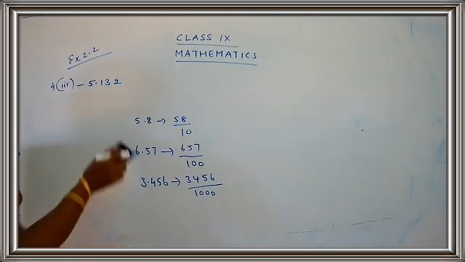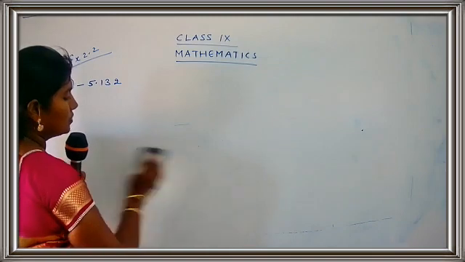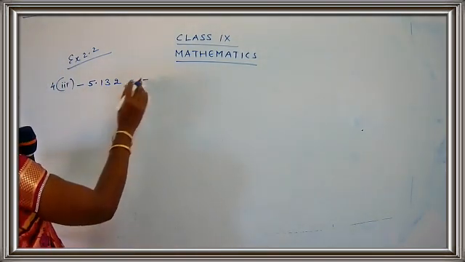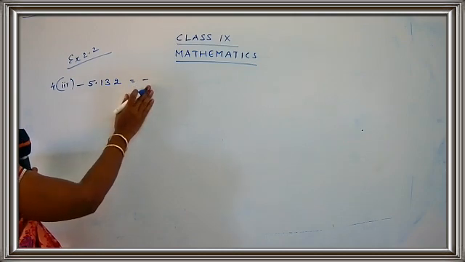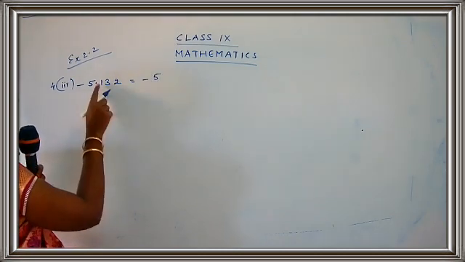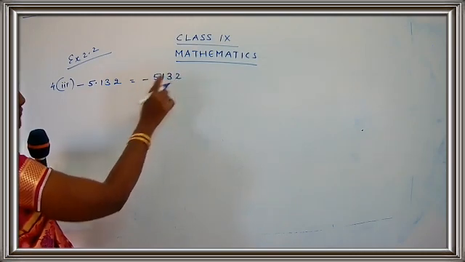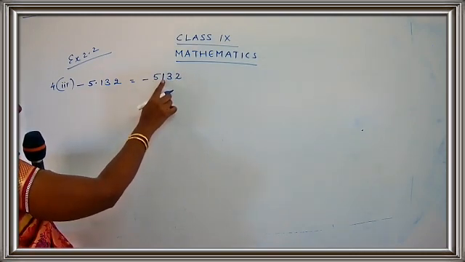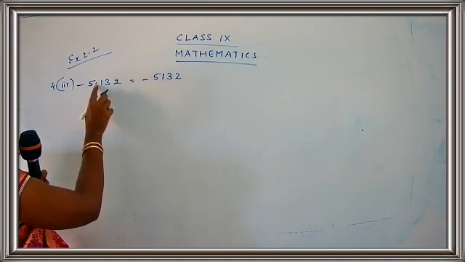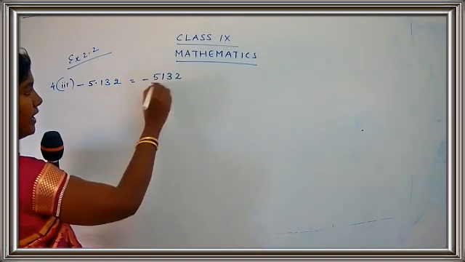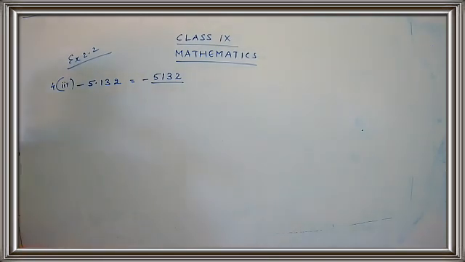Okay, children, let's continue with the sum. So this is equal to minus. I'm just going to put the minus sign in front of it. So minus 5, I'm going to remove the decimal point, so I get 5132. I have removed the decimal point in the numerator part. Upon how many numbers were present after the decimal point, children? 3.